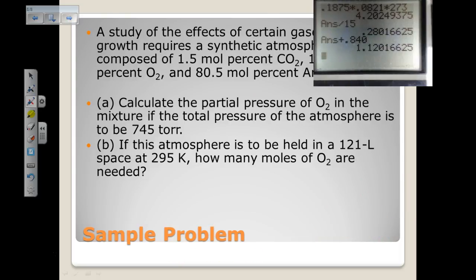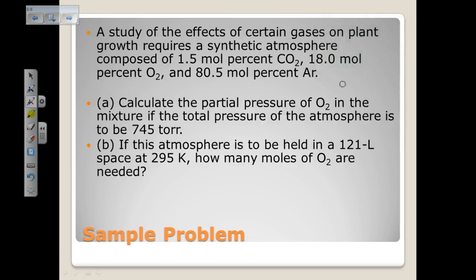Now the last one here, okay, so this is where it gets really interesting. Let me get rid of the calculator for right now. So we're studying the effects of gases on plant growth. And so we're going to make up an atmosphere, and the atmosphere is 1.5 mole percent CO2, 18 mole percent O2, and 80.5 mole percent argon.